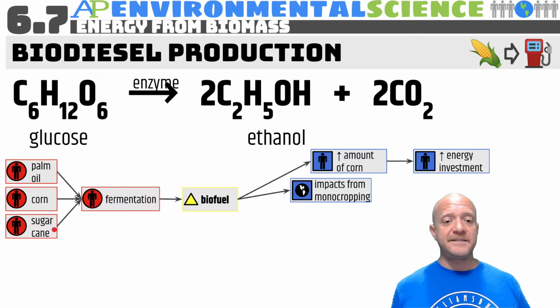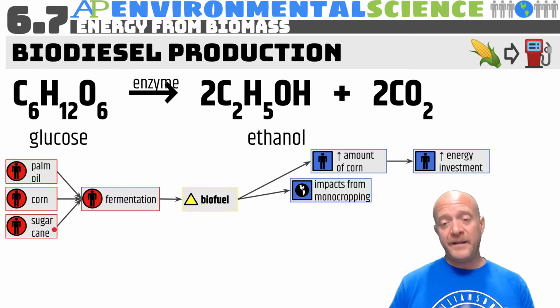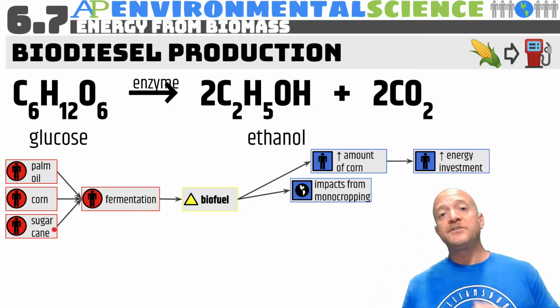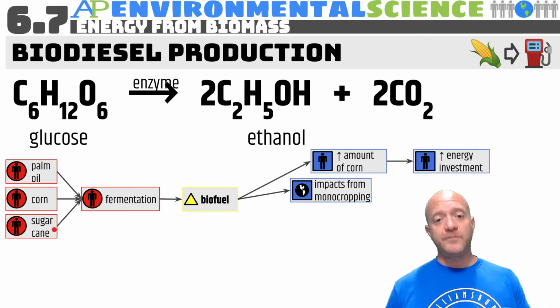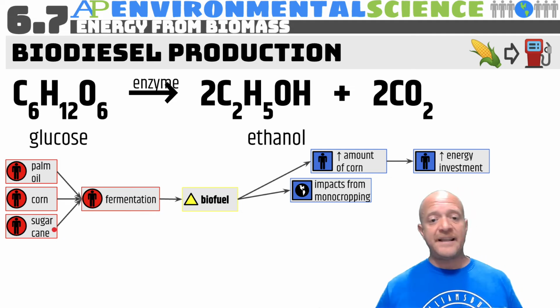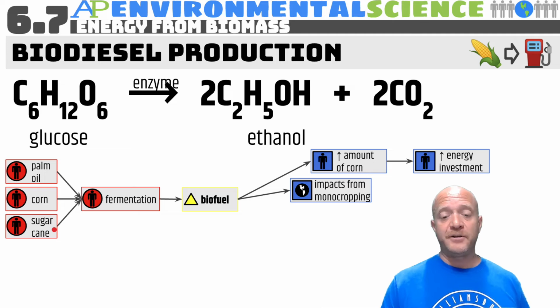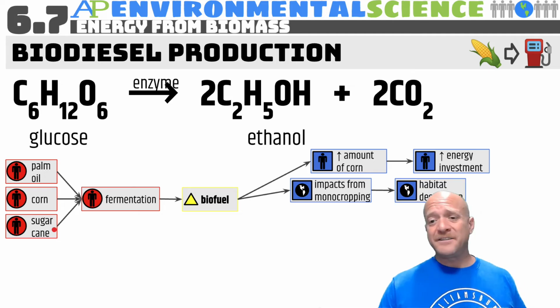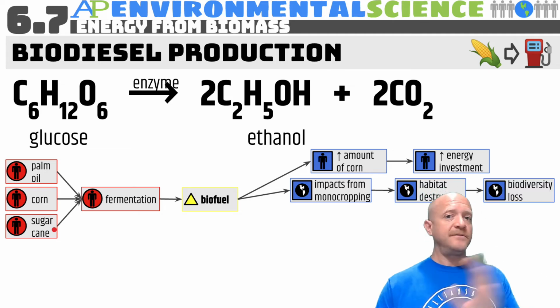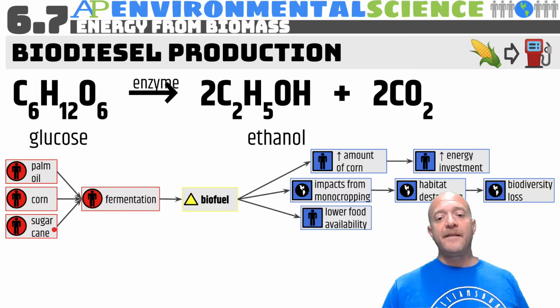All of the impacts of biodiesel production are the same impacts of monocropping because we're obtaining it from corn. So all of the soil degradation impacts, which you can go back and refer to from Unit 5, but anything that is a negative impact for monocropping is the same thing for biodiesel production. Habitat destruction, biodiversity loss, you can fill in the blanks.